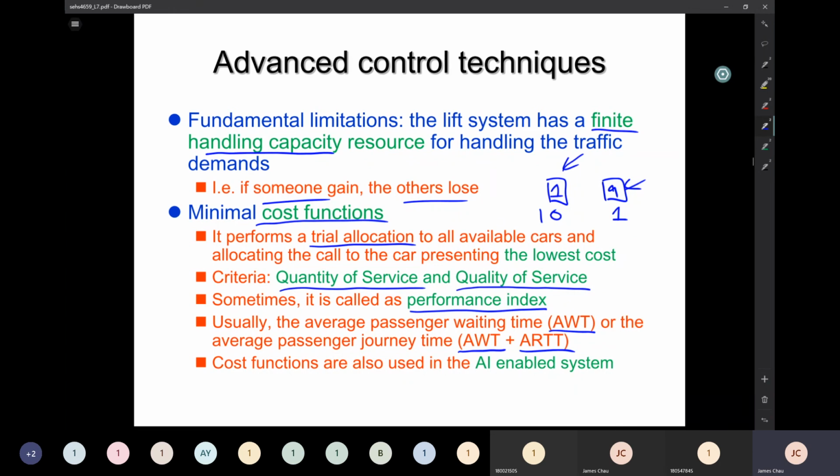That means the total time required for the passenger to use the lift system, starting from he or she pressing the lift button until the passenger leaves the lift car. When we talk about artificial intelligence techniques, you will find this appears in every AI technique, because we are going to minimize the cost function.